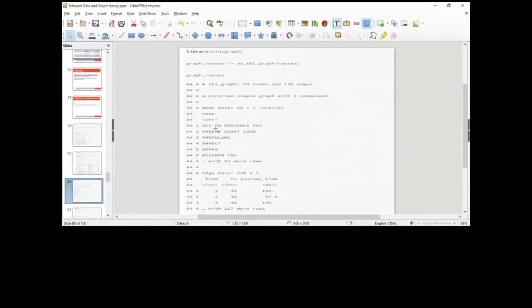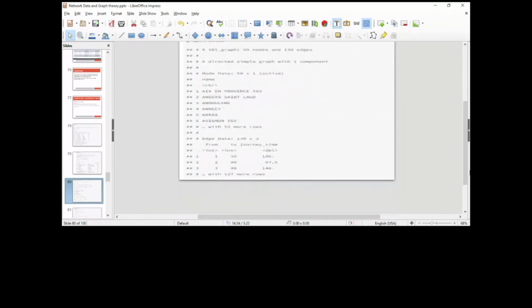This is a list of all nodes. Remember, we did this at the beginning to show you that we can get all the stations. And this is all the information on the edges. If you look here, the from and to is the relationship from number 1 to number 39, because they all have different numbers.